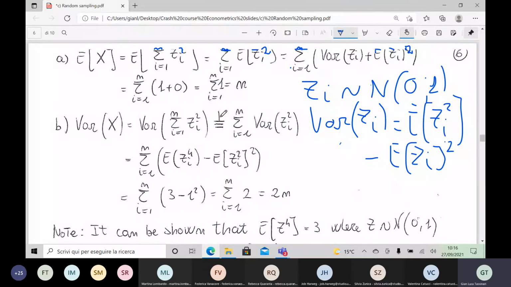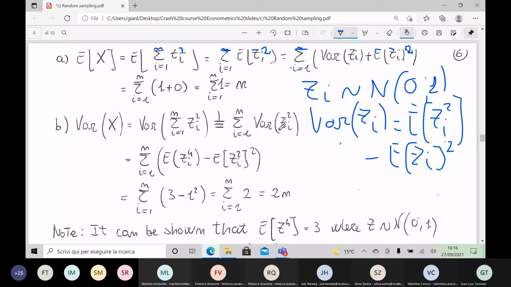Thanks to independence, the variance of a sum is equal to the sum of the variances, because thanks to independence, the variables are linearly independent. But if they are linearly independent, you know that the covariances are all equal to 0. So thanks to independence, we have that the variance of a sum is the sum of the variances.